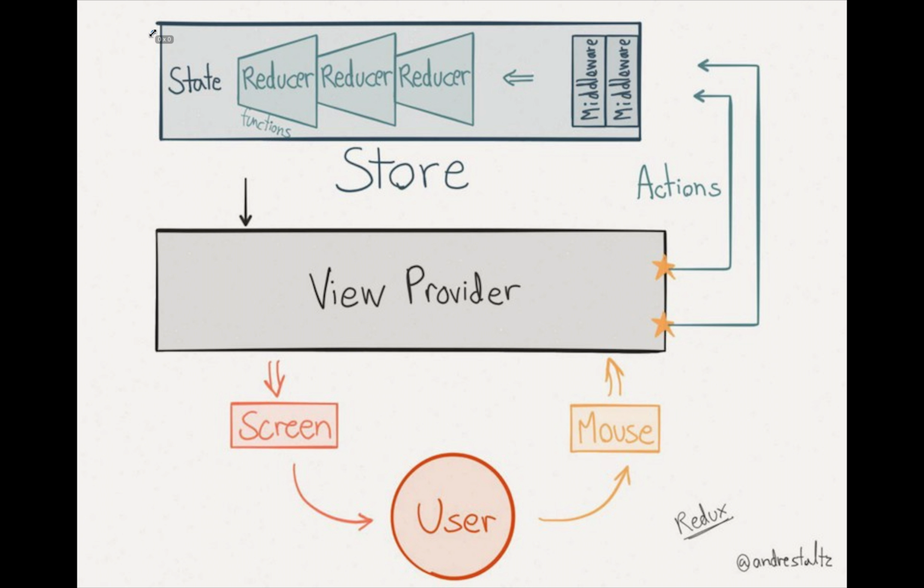However, even though store and reducers are split up as far as the terminology goes, you can't have one without the other. Because a reducer, again, all it does is take a description of state and an action and returns a new version of state.